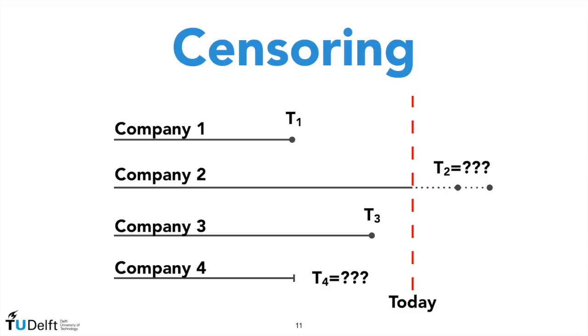So the final time we observe is not really the default time, but just a time at which the observation has been censored. To be more precise, what we have just described is what statisticians call right censoring, because we are censoring the end time.